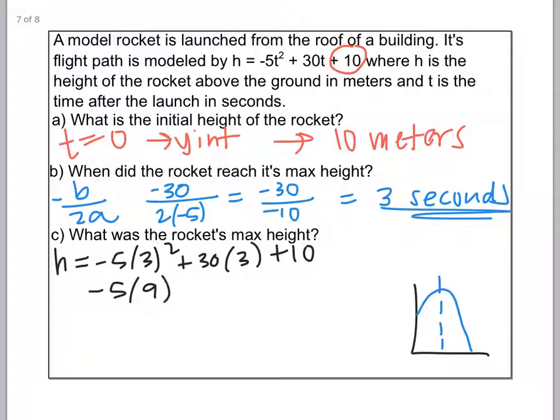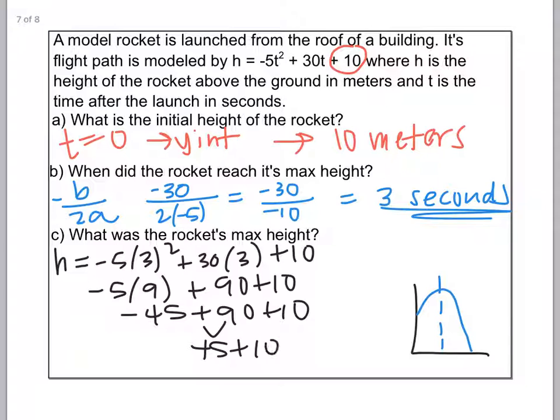Get negative 5 times 9 plus 90 plus 10. Negative 5 times 9 is negative 45 plus 90 plus 10. That gives me 45 plus 10, which is 55 meters. So max height was 55 meters for this rocket.